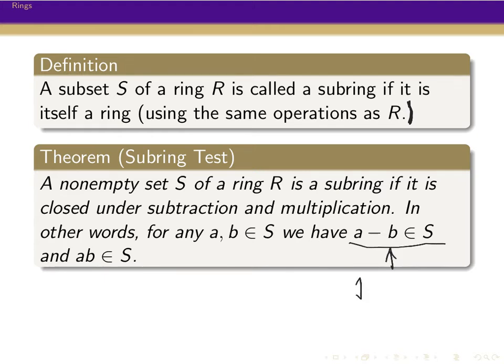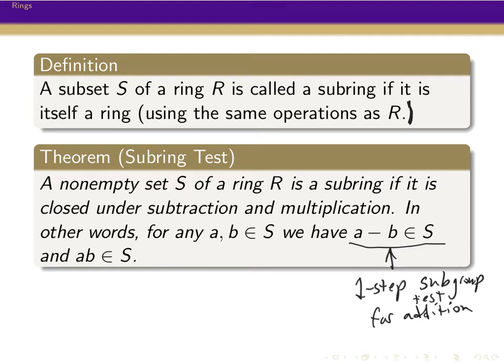This is the one-step subgroup test for addition. Since a plus the additive inverse of b is in S, it passes the one-step subgroup test for addition, and that means it is a subgroup under addition.